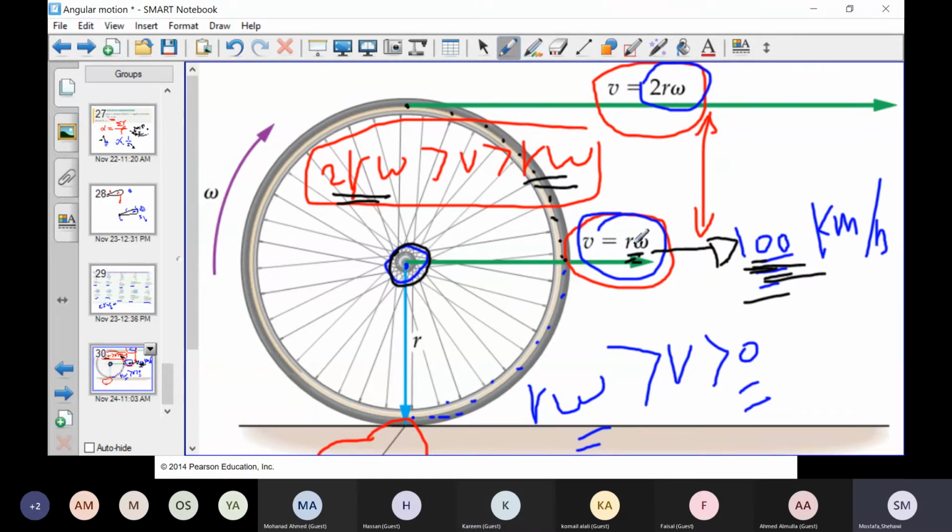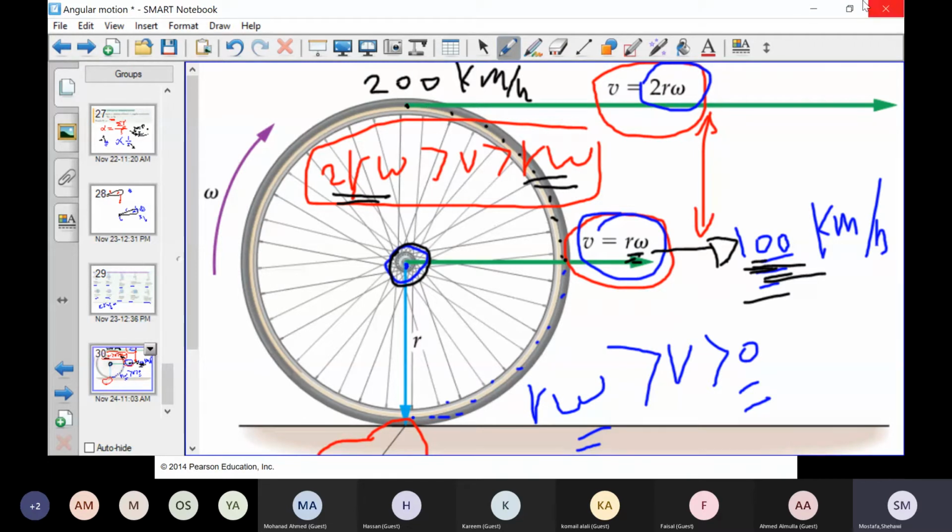It's not difficult. R omega is 100, so this one will be double R omega, 200 kilometers per hour. So if you're moving with velocity 200, you are a reckless boy moving with high speed, and the top here will be 400. You can imagine the pressure on the tire at this time.